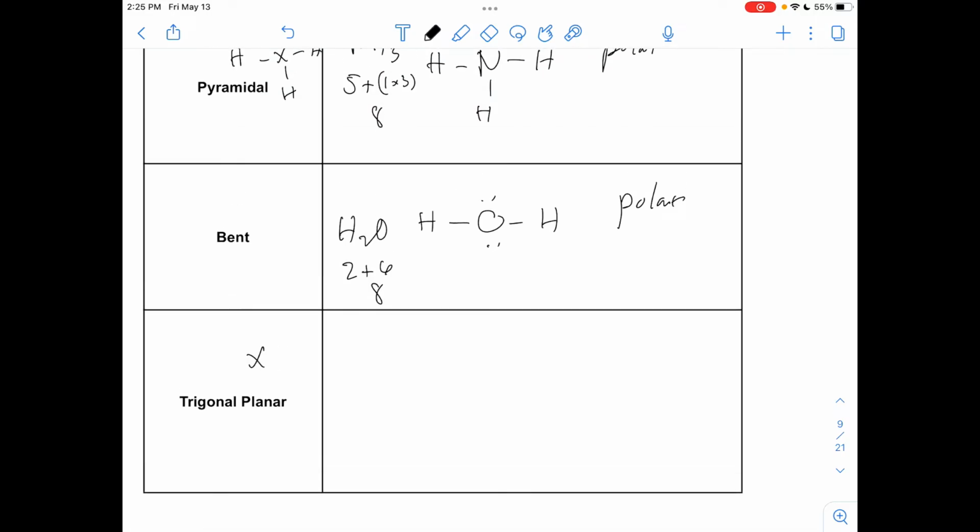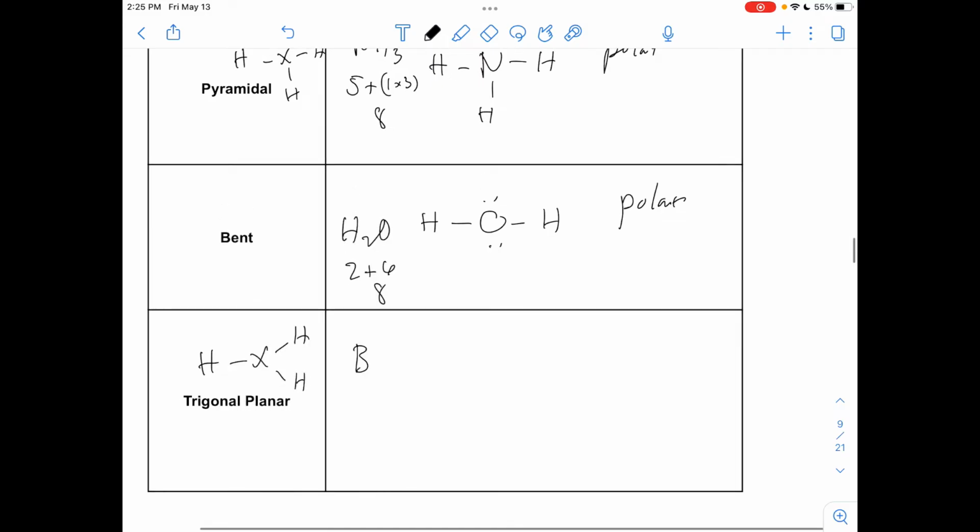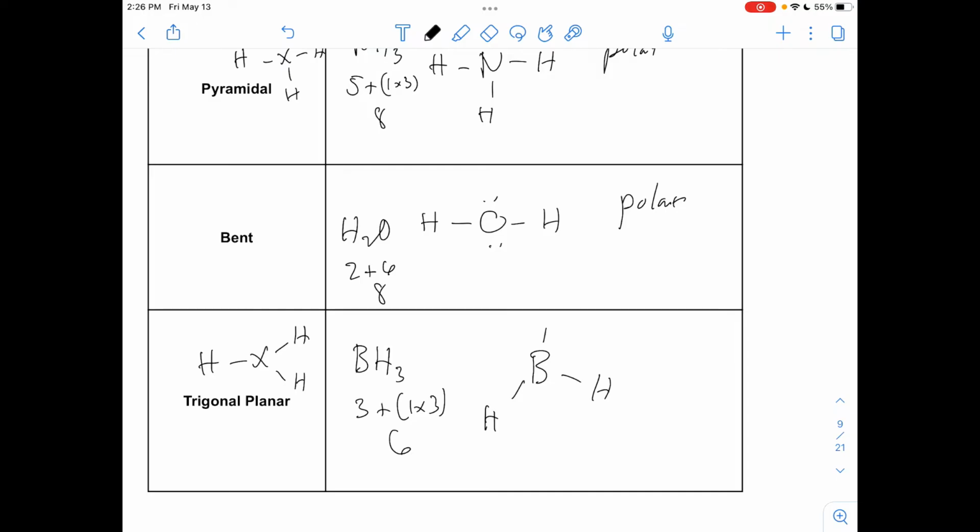Okay, then we have trigonal planar. Trigonal planar is when it is bonded to three things, no lone pairs. So a good example of this would be BH3, boron trihydride. Boron has 3 valence electrons, plus hydrogen's 3 should be 6. So this is one example of something that doesn't fulfill octet.